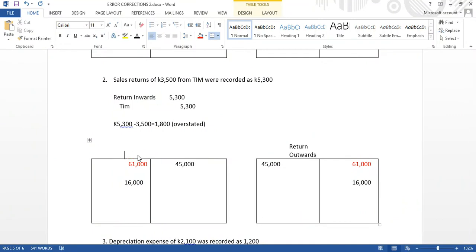We have return inwards, a contra revenue account, and we have Tim, who is our receivable. We overstated the amount here by 5,300.